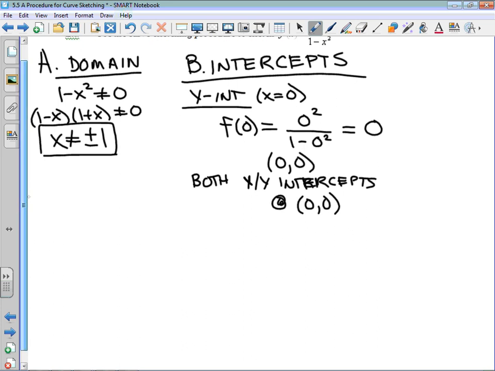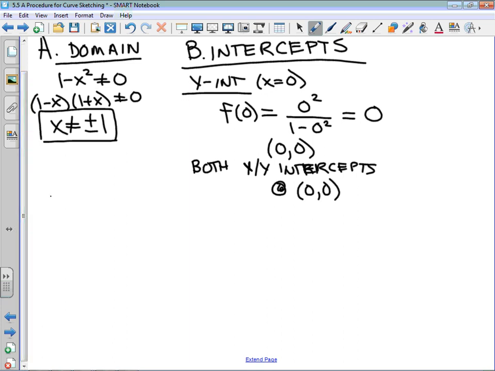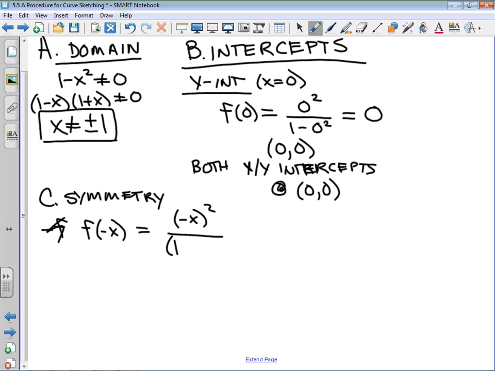All right, the next one we have to check, heading C, is symmetry. The way that we're going to do that is I will check f of negative x. We get negative x squared over 1 minus negative x squared, and that gets me to x squared over 1 minus x squared, which means that f of negative x is equal to f of x, so we have even symmetry.